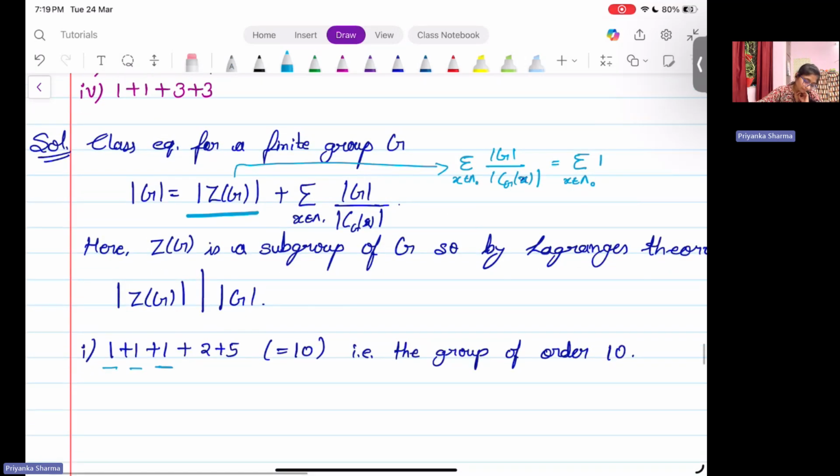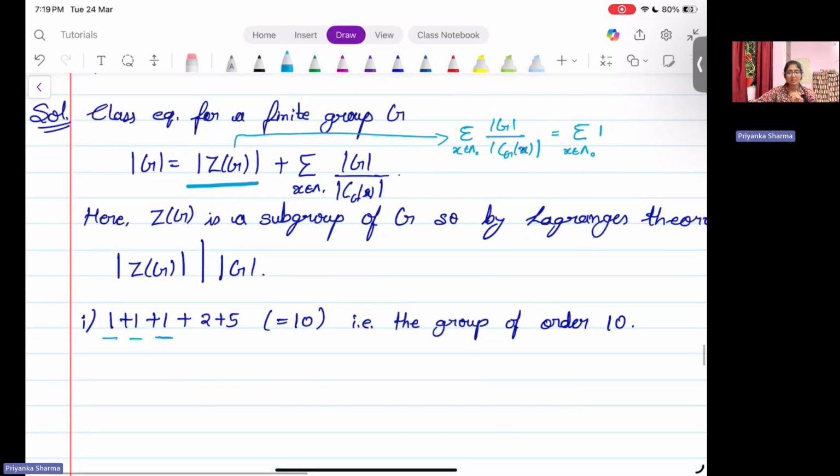Okay, it means in an equation which is being claimed to be a class equation, one will appear, and how many times?